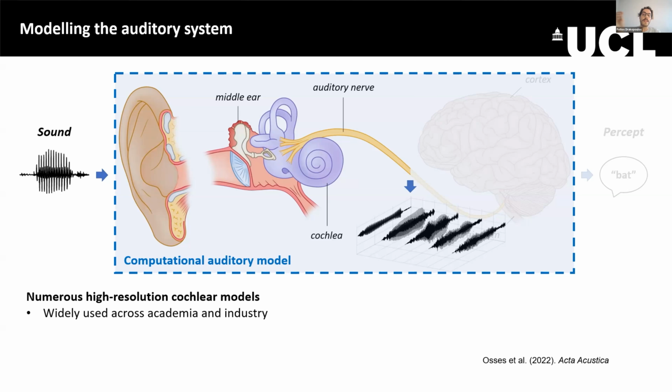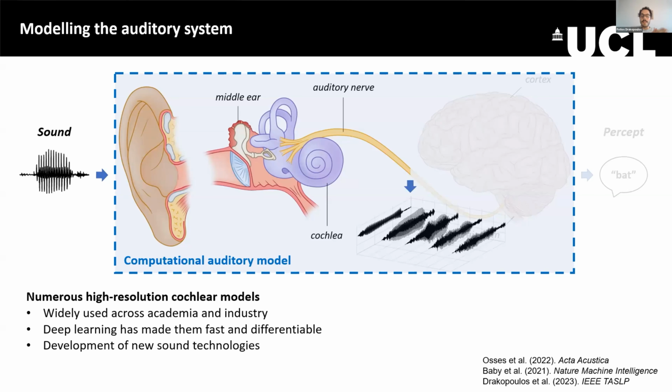And these models are still widely used across academia and industry and can simulate auditory processing at various levels of detail, but also for different types of hearing loss. And more recently, machine learning has also made these models much faster and differentiable, and this has facilitated their use in the development of new sound technologies such as hearing aids and the enhancement models that Malcolm explained.